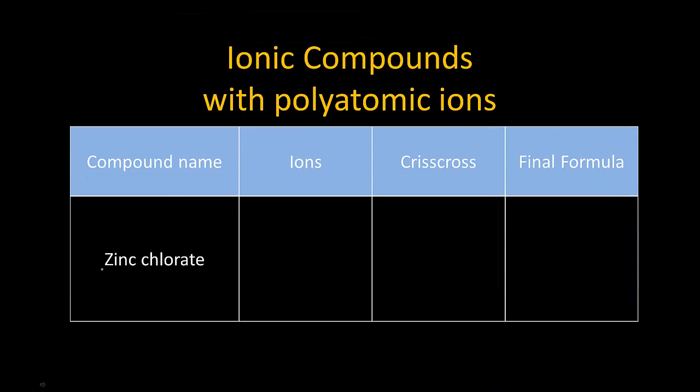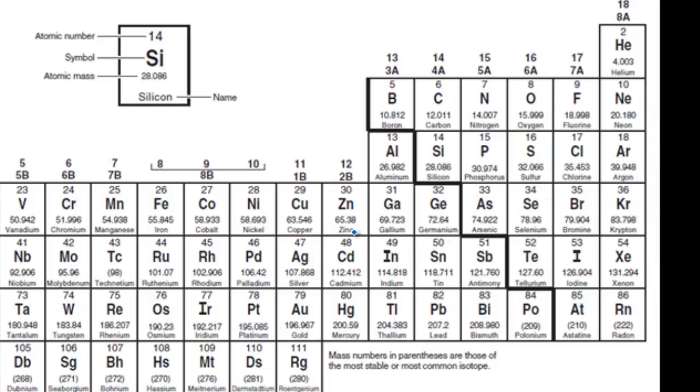Last example, we have zinc chlorate. Zinc is right here, Zn. Now it is a transition metal, and if you remember back to the very first video that you watched, there are 3 transition metals where their oxidation numbers never change, and it happens to be these 3 right here.